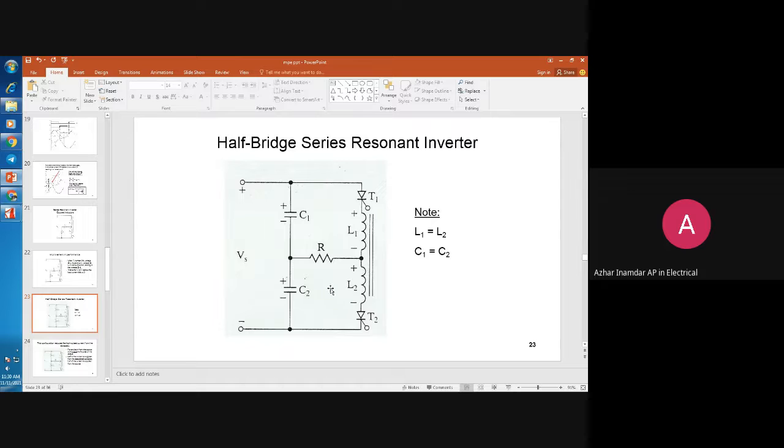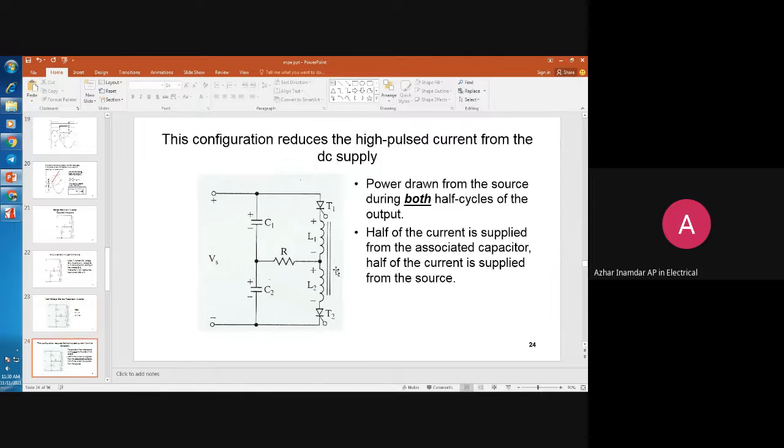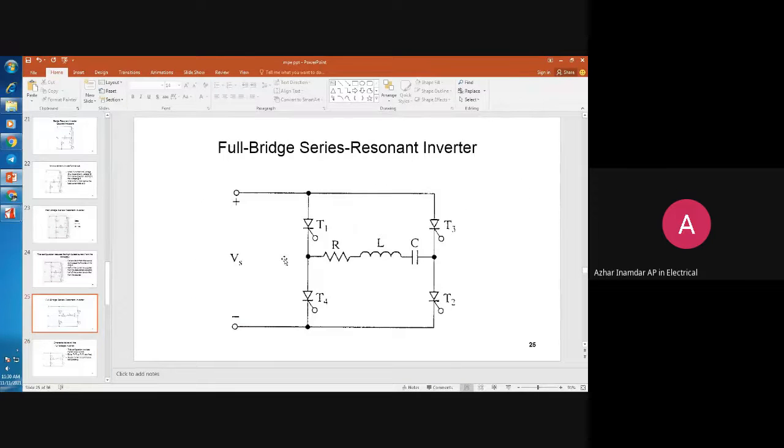So you can understand the advantage of this. This configuration reduces the high pulse current from the DC supply, as I already told. Next is the full bridge series resonant inverter.